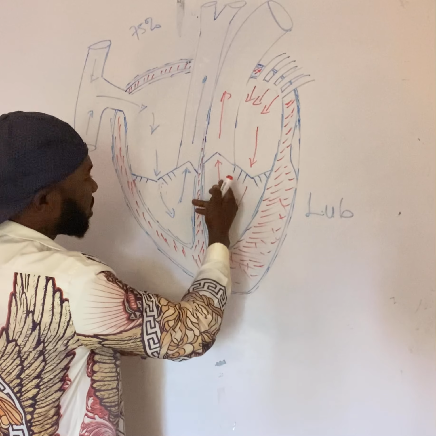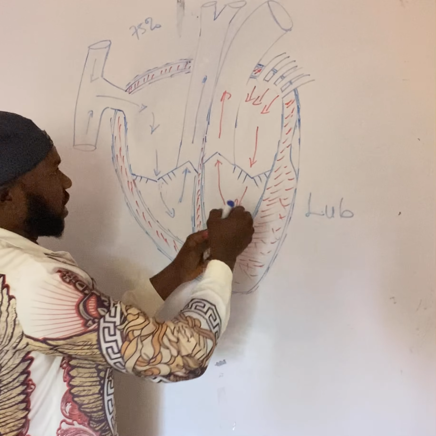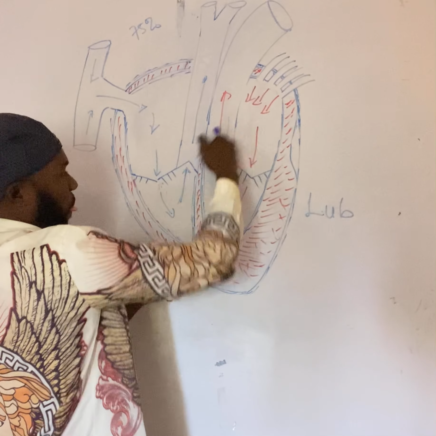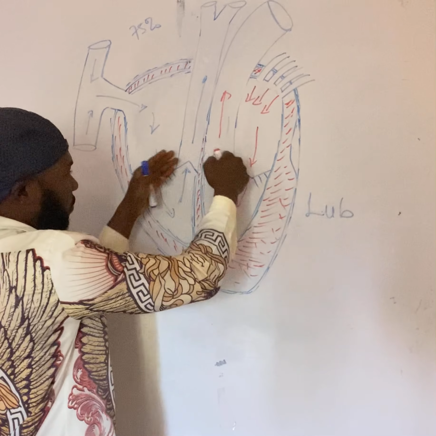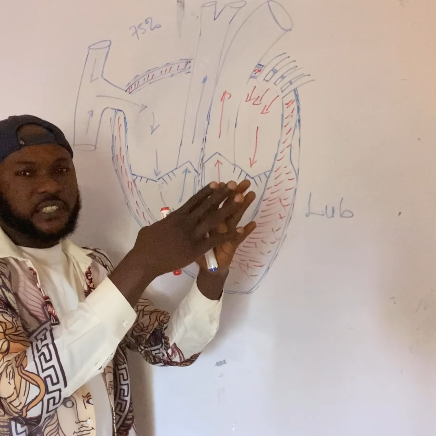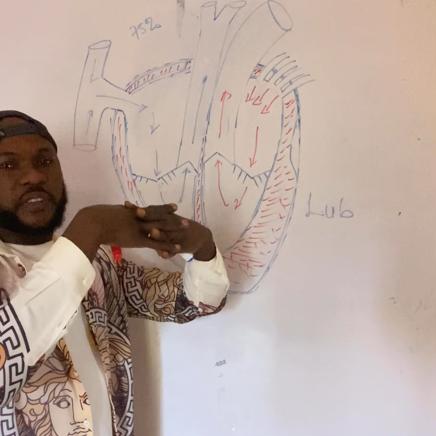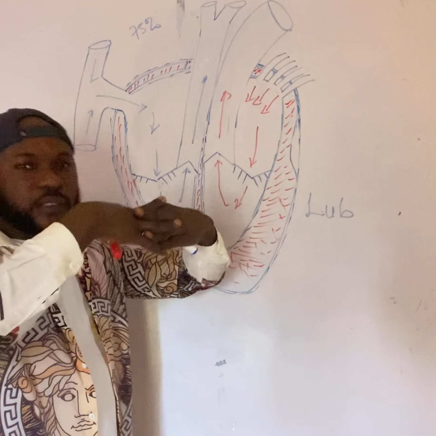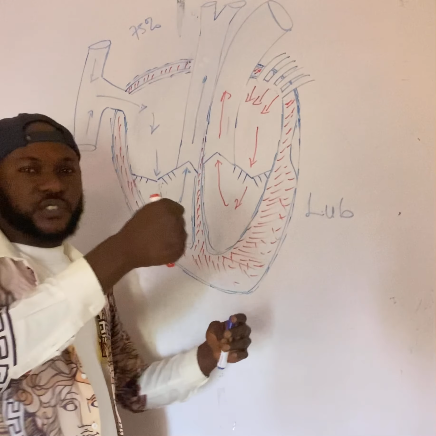Now, when this blood goes in this direction and the blood wants to come back again, okay, this valve will not allow it to come back. This valve will slam shut, will close forcefully, okay? The sound of the valve, when you try to close your door, the door makes noise, okay?